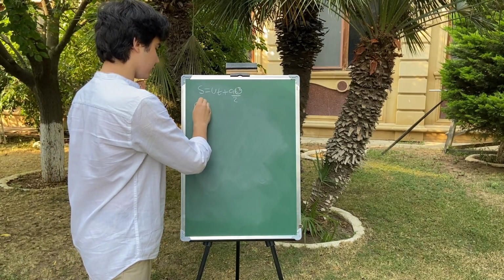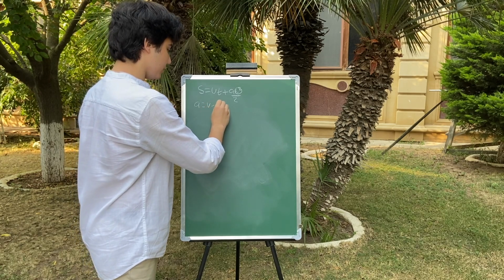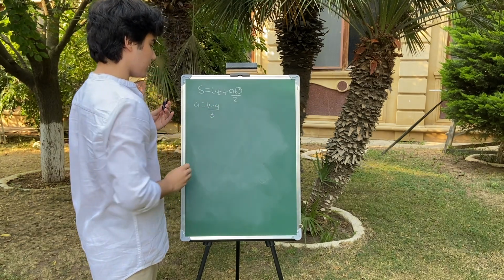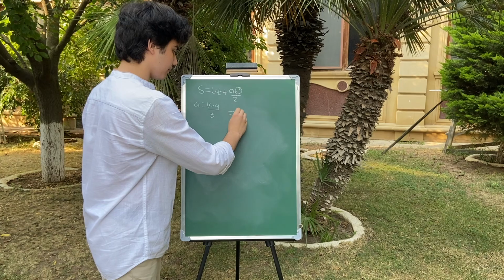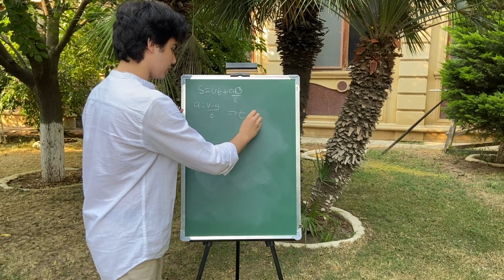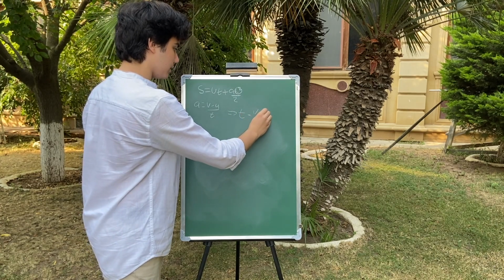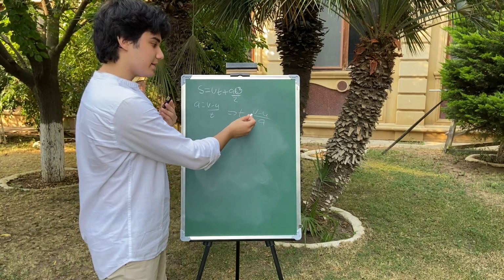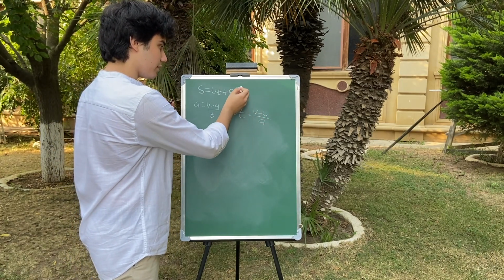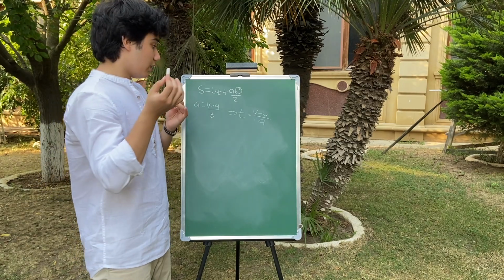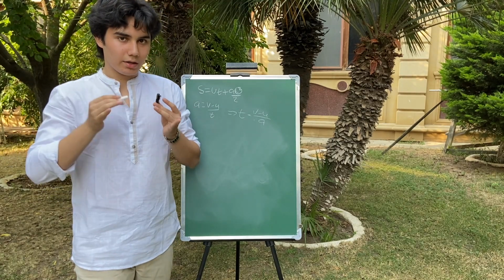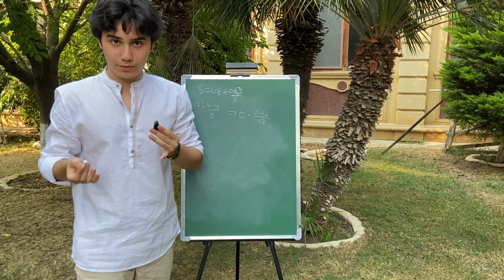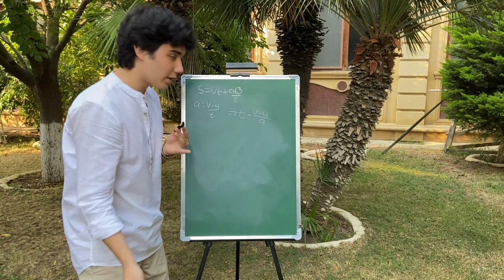So we know that acceleration is v minus u over t, and so t is going to be v minus u over a. And if we replace this t with this t right over here, it is going to be quite a long algebraic operation, so I'm just going to get right into it.